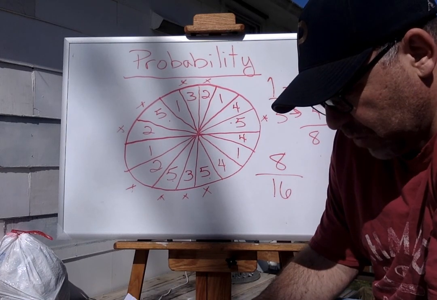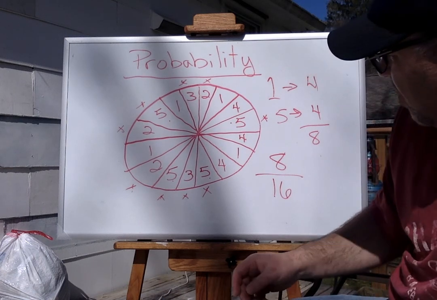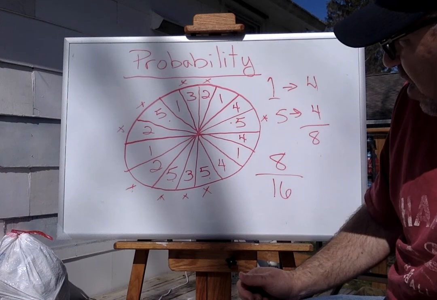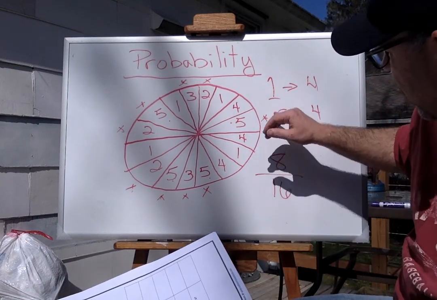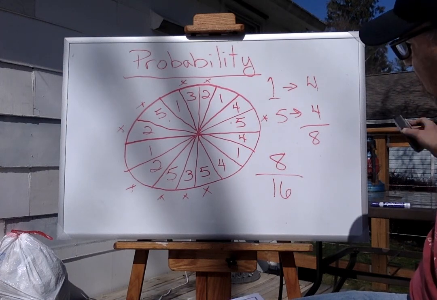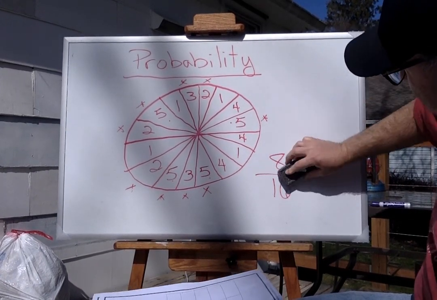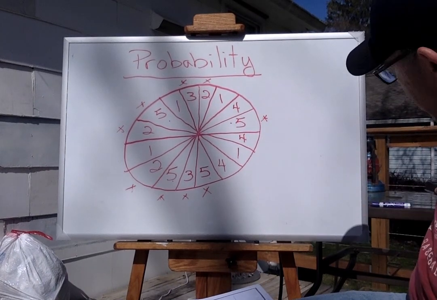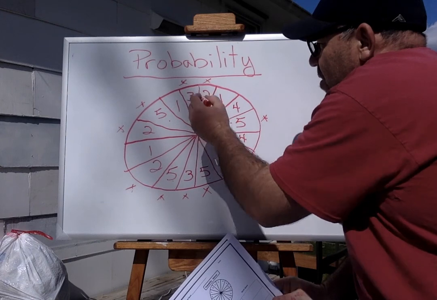And then the last question is choosing a 3 or a 4, okay? So now, what number did we not use? Well, we didn't use 2, okay? It was 1 and 5. Now we're going to deal with 3 and 4. So let's count how many 3s, how many 4s there are, and we'll put that total number out of 16. So now we have 3.